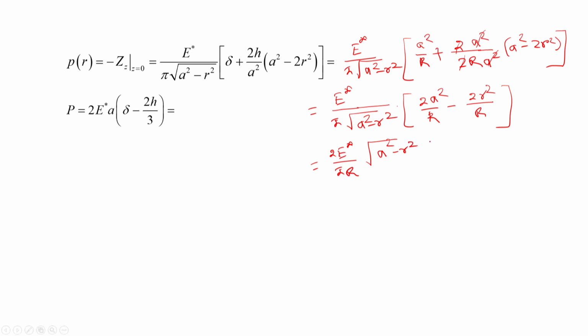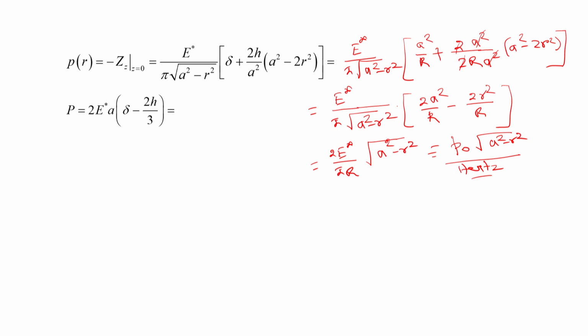See the pressure distribution for a rigid spherical indenter: this was derived as P0 into the square root of a square minus r square. If you remember, in Hertz theory this is what we had derived, and we get back this relation over here.